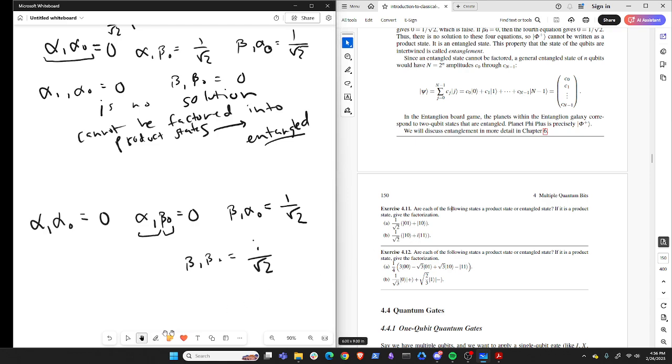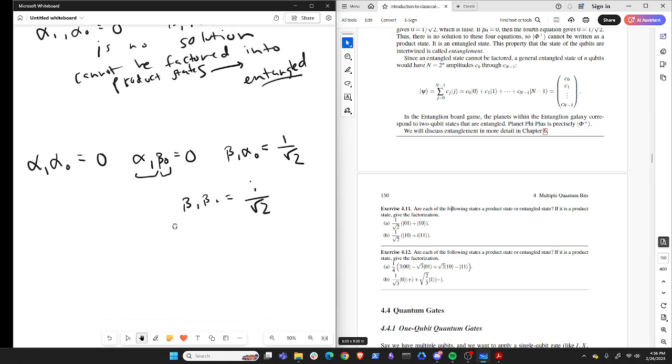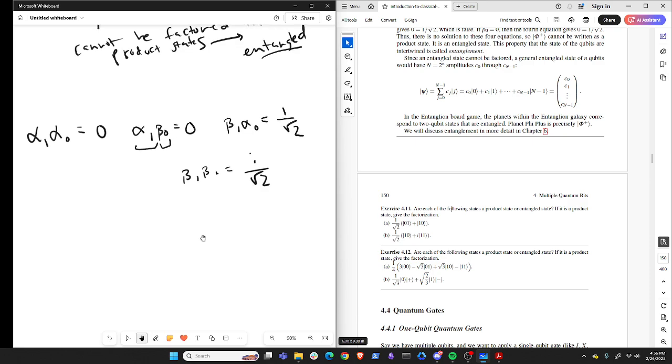So great, let's try to solve here. We have a similar situation as before: alpha 1 or alpha 0 could be 0. But unlike in the previous example, it actually works, because if alpha sub 1 is 0, then this equates correctly. We have 0 times beta sub 0, which gives us 0.